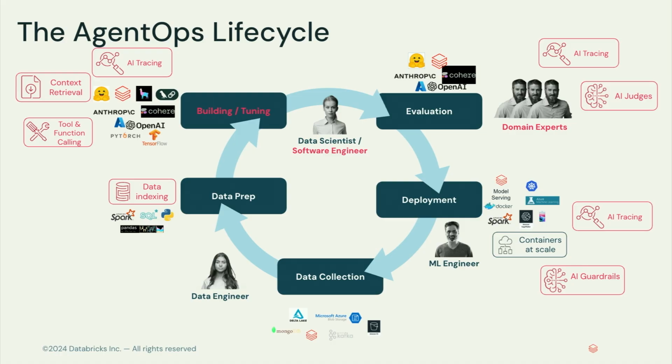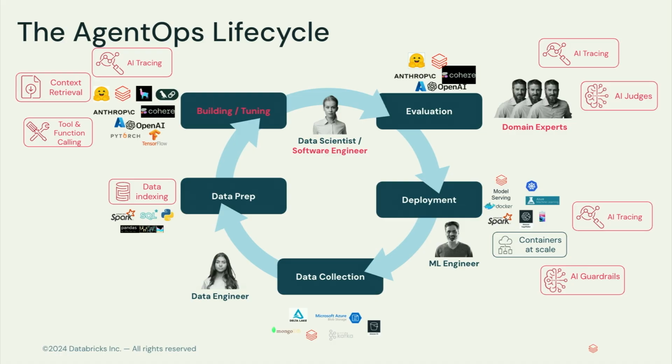And the next is data prep. Data prep is when you use tools like Spark, SQL, or Pandas to clean and transform the data so it's ready to consume for building or tuning the AI agents. This is where the data engineer plays an important role.